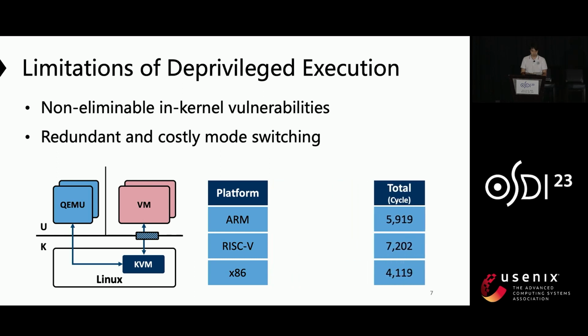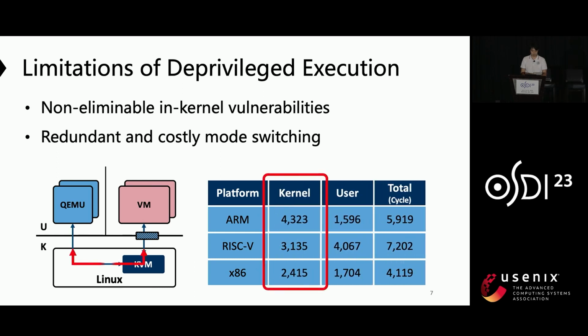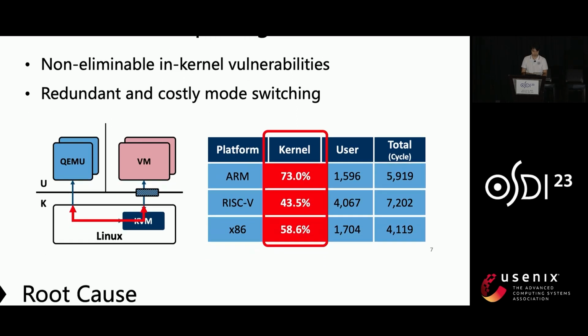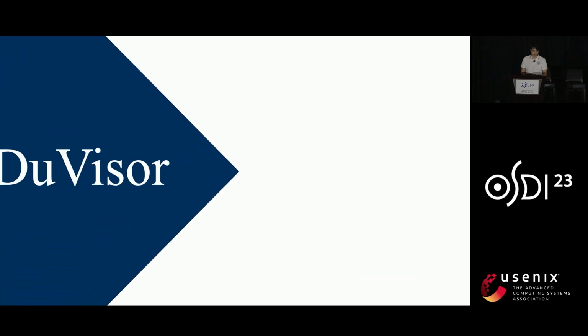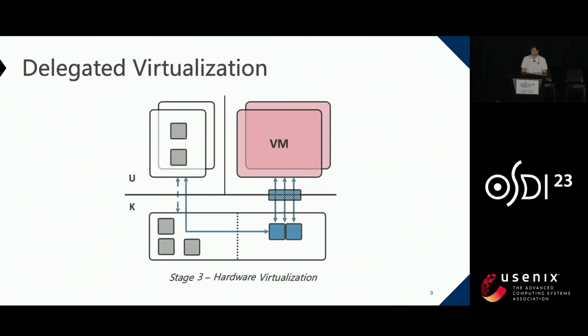And from the breakdown, we can see that about 44 to 73% of the overhead are consumed by the additional forwarding on different architectures. So simply moving more kernel functions to user space can cause significant overhead. We identified that the tight coupling between the hardware virtualization extensions and the kernel mode is the root cause of these problems.